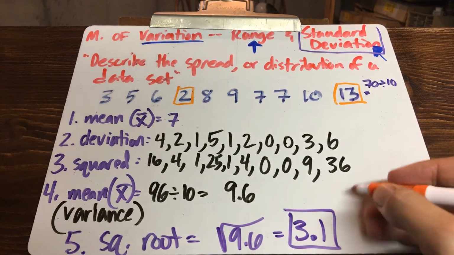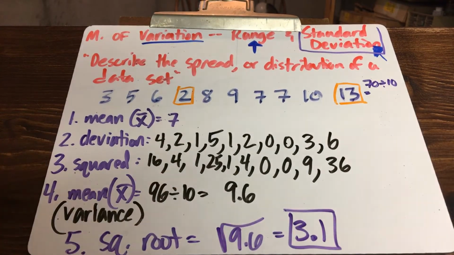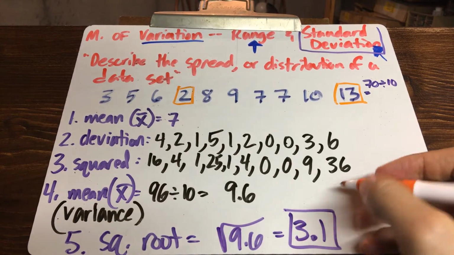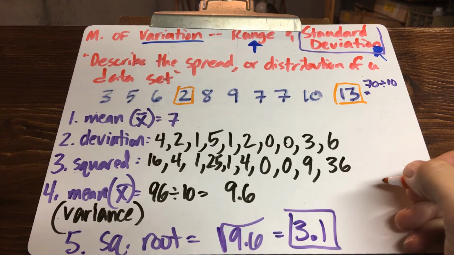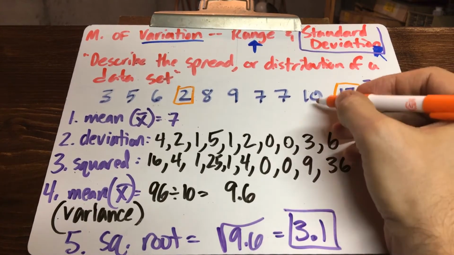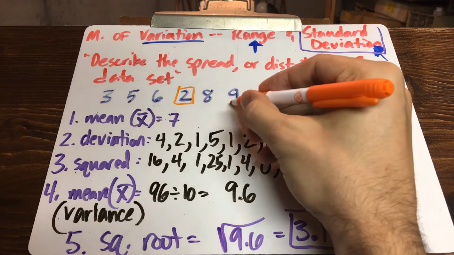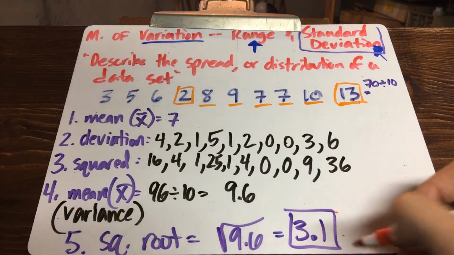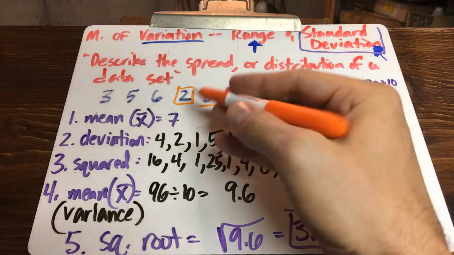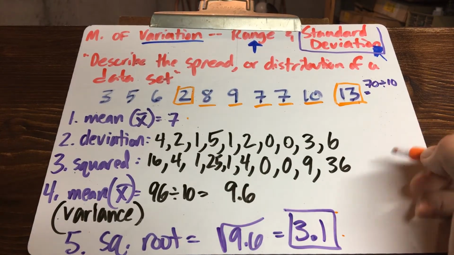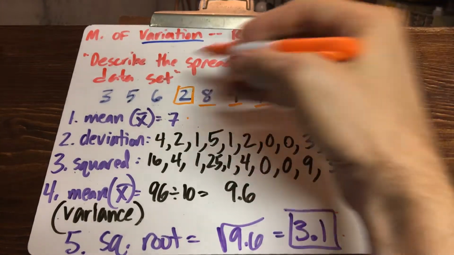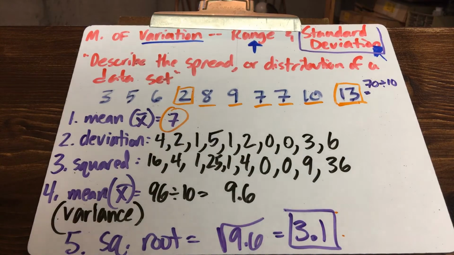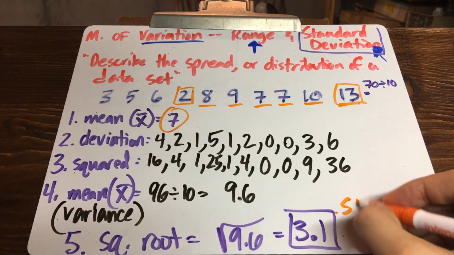I would say, in general, a number in this list is typically 3.1 places away from the mean, which remember the original mean was 7, right? So that's basically what you're saying with the standard deviation.